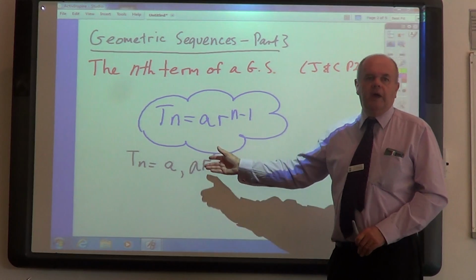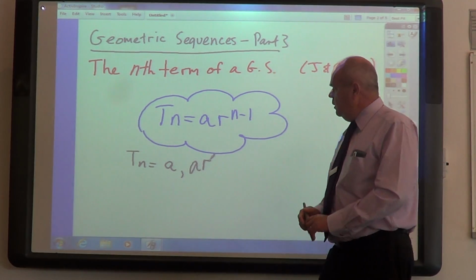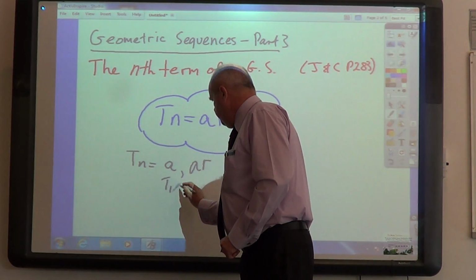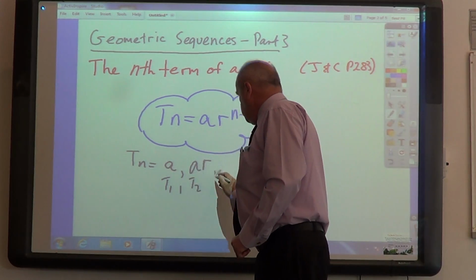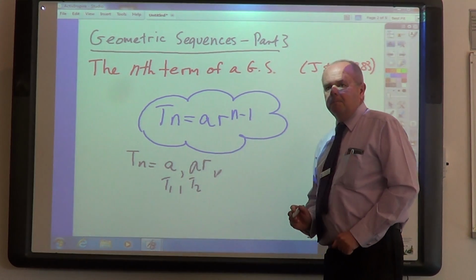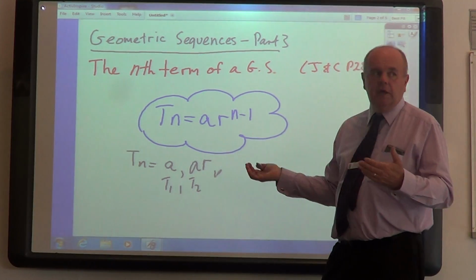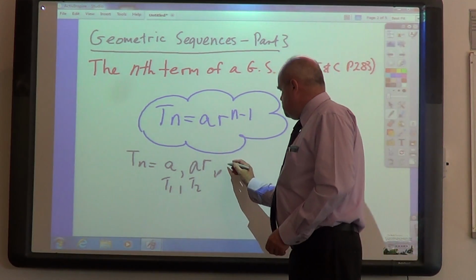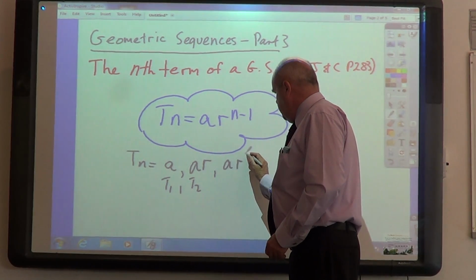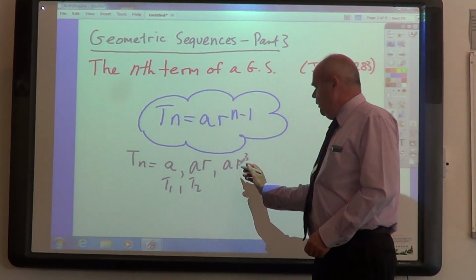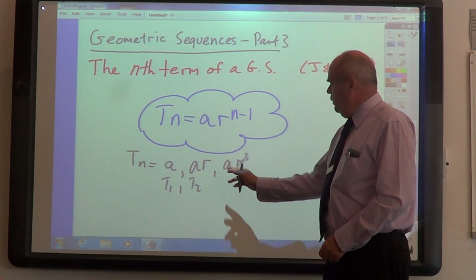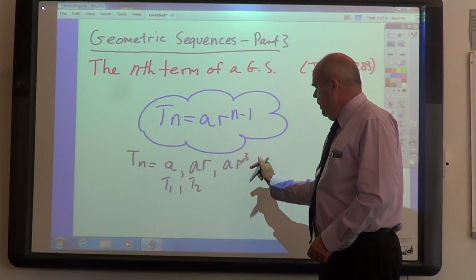So we could call that AR. So that's our first term, T1, then T2, the second term, and our third term is going to be multiplied by R again, isn't it? So each successive term is found by multiplying the previous term by R. So R times R is R squared.